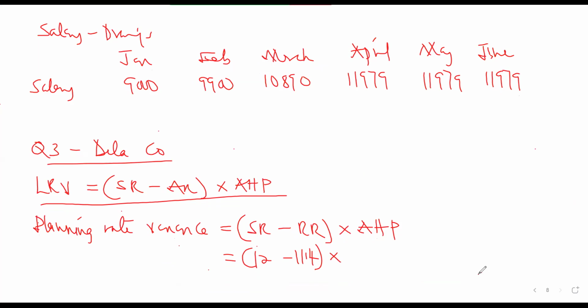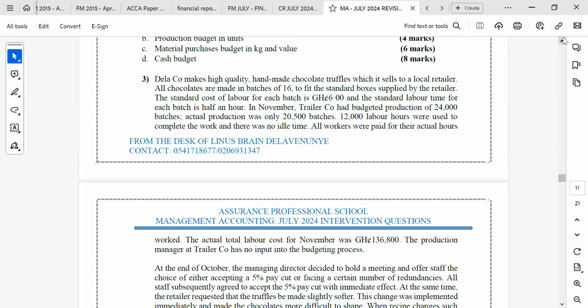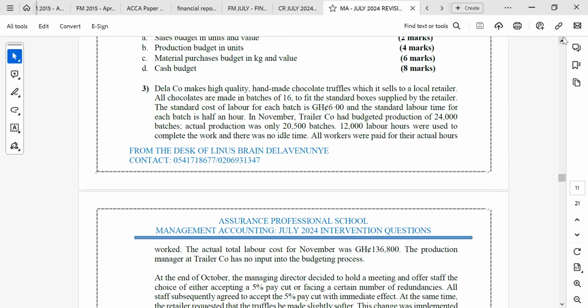So this figure will still be calculated. The labor rate will still be calculated like how we calculate our normal labor rates, but just that the rate that we are going to be using will be different. What is the actual hours used for the period? 12,000. Okay, so you just multiply by your 12,000.